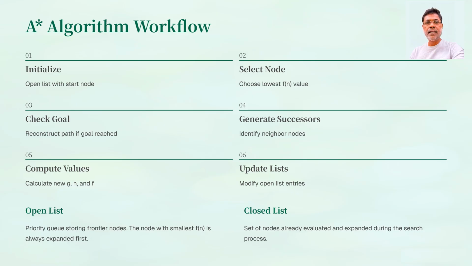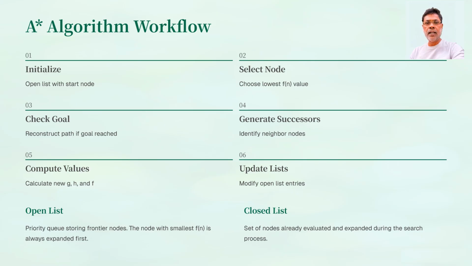The A-star algorithm follows a simple but powerful workflow. It starts by placing the initial node into the open list. Then, at each step, it picks the node with the lowest F(N), the one that currently looks most promising. If that node happens to be the goal, A-star immediately reconstructs the path and we're done. If not, the algorithm looks at all of that node's neighbors, calculates their new G, H, and F values, and updates the open list with these candidates.